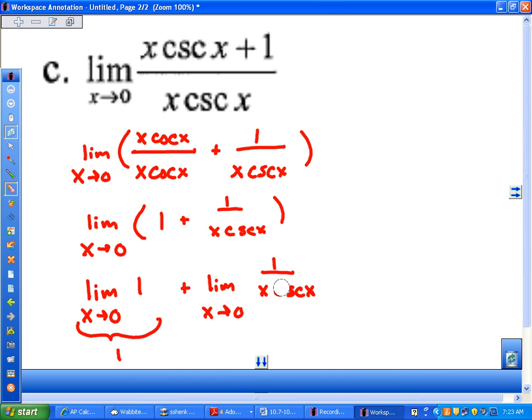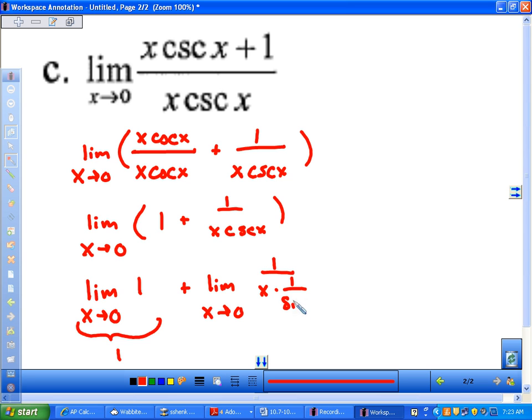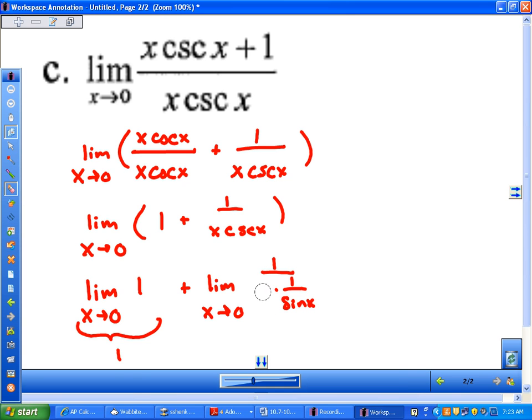Let's turn that cosecant x into 1 over sine x. So in the denominator, what is x times 1 over sine x? X over sine x. So that whole denominator would become x over sine x.